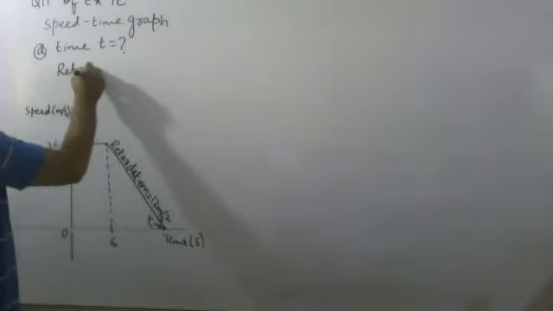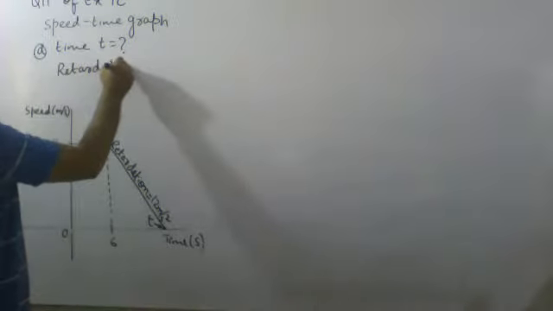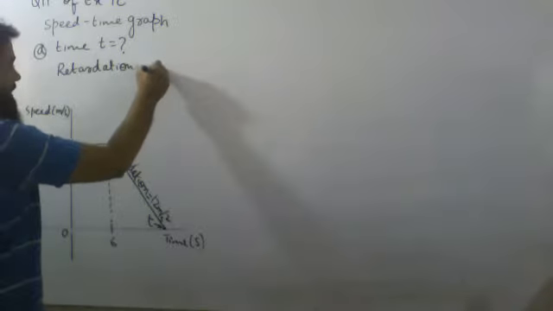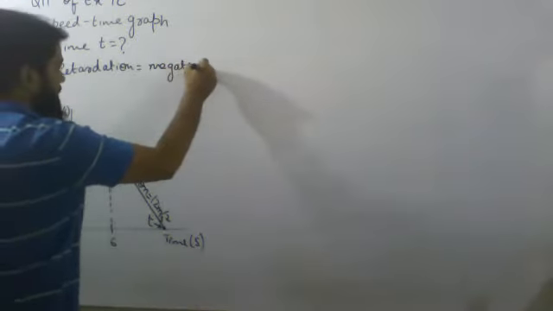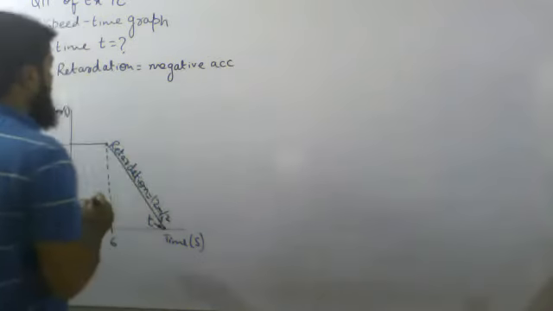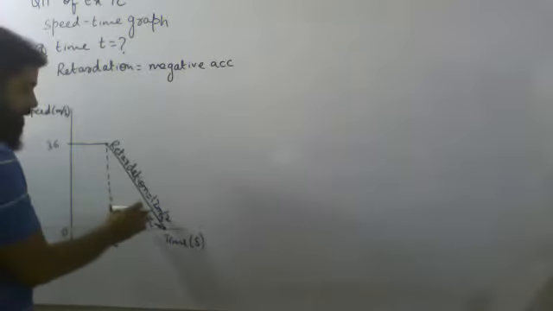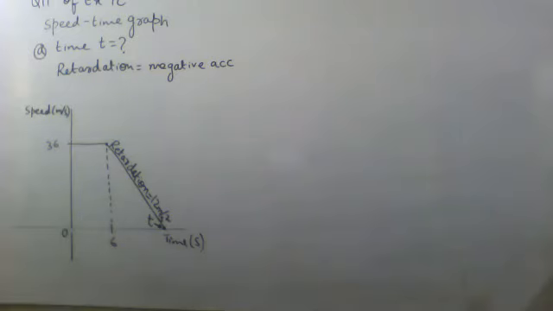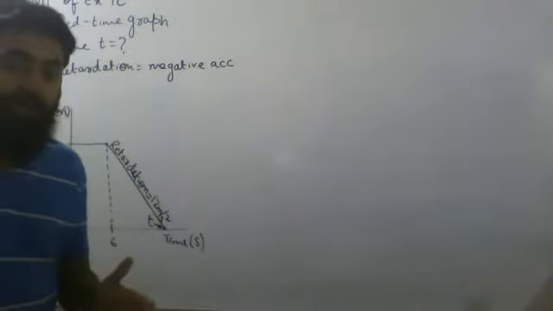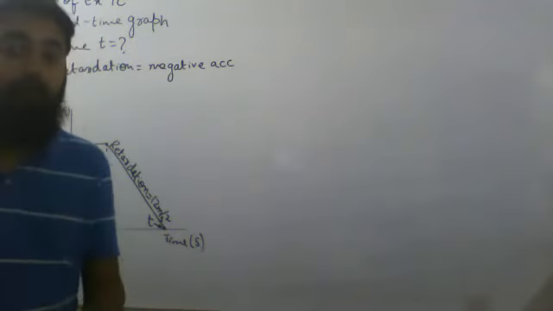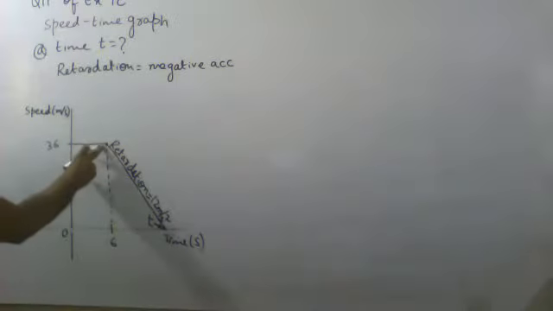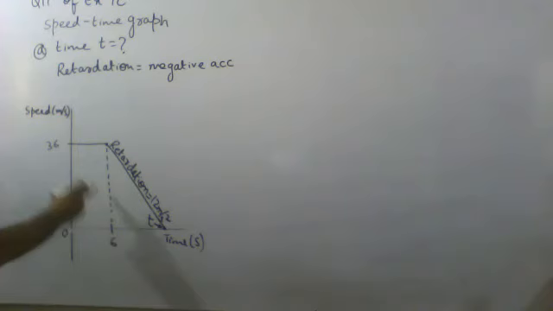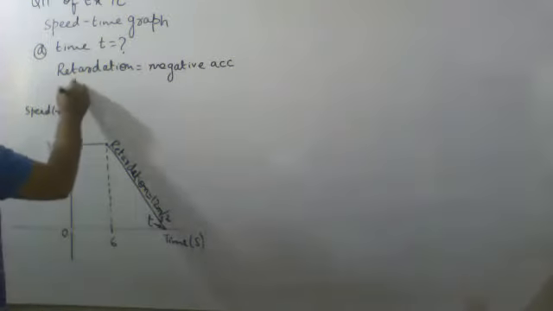Retardation means we say that it is negative acceleration. So when I am going to write it in the gradient formula, I will not take it as 12, I will take it as minus 12. First of all, a coordinate is given over here, that is 6 and 36.